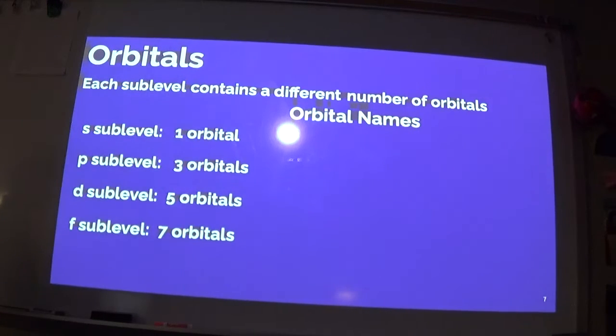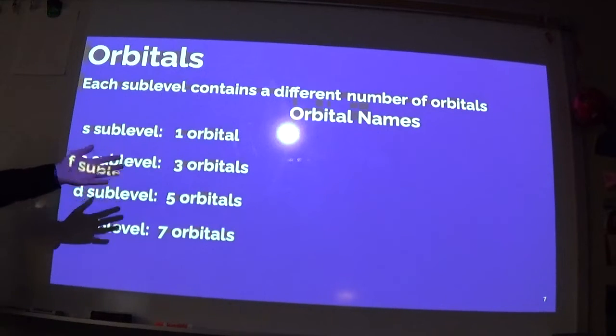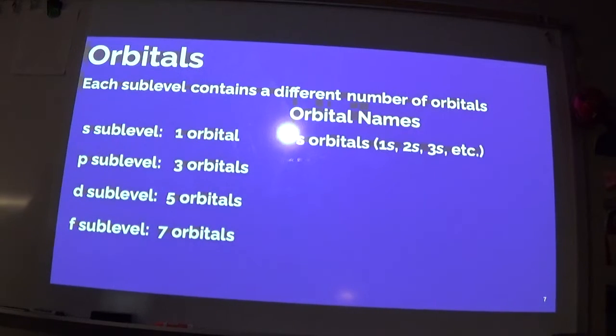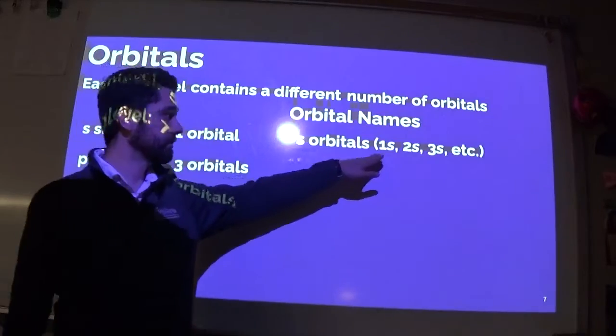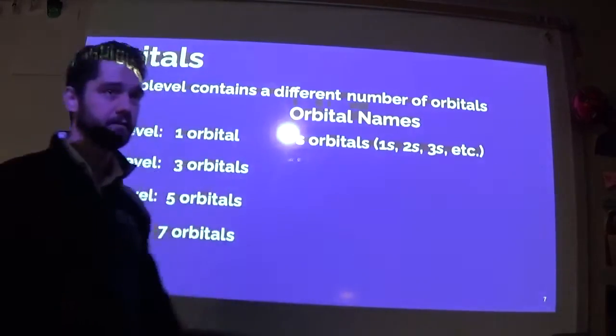The orbitals are just named based on what subshell they're in. So I have an S sublevel on the first energy level, the second, the third, and the fourth. We have 1s, 2s, 3s, 4s. Those orbitals are just labeled the same way. So you would have S orbitals on whatever energy level you're on.